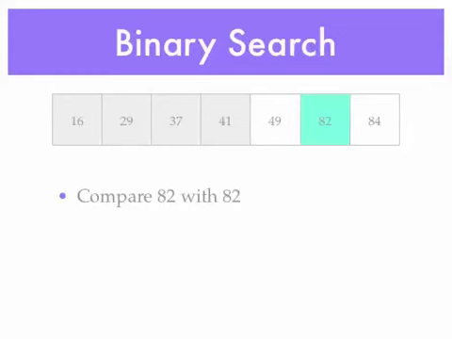And so we repeat the process, comparing our target, 82, with the middle element remaining. And we get lucky this time. We find the target after only 2 comparisons. But even if we hadn't found it this time, at worst, we would have had to make 1 more comparison, a total of 3.